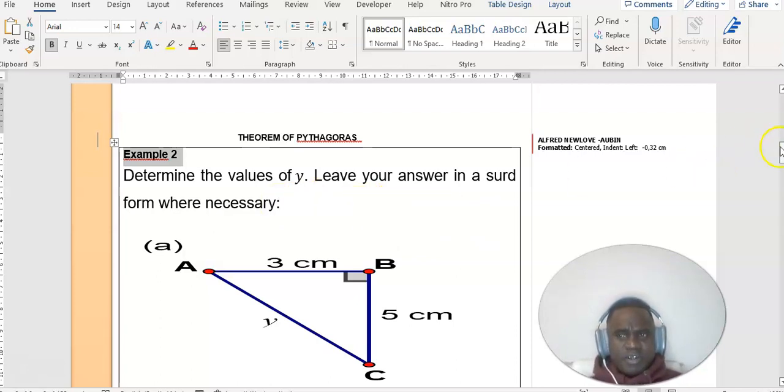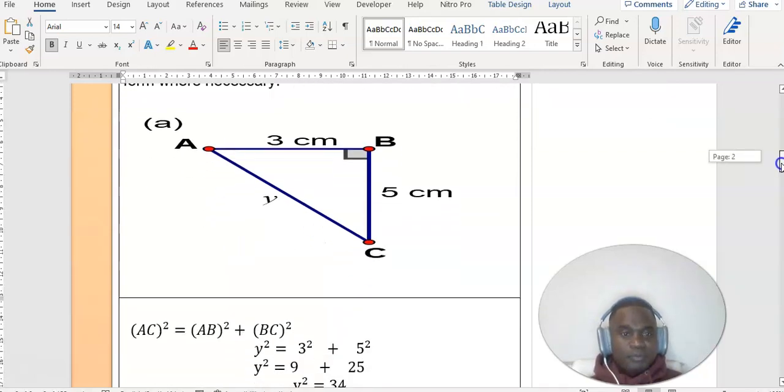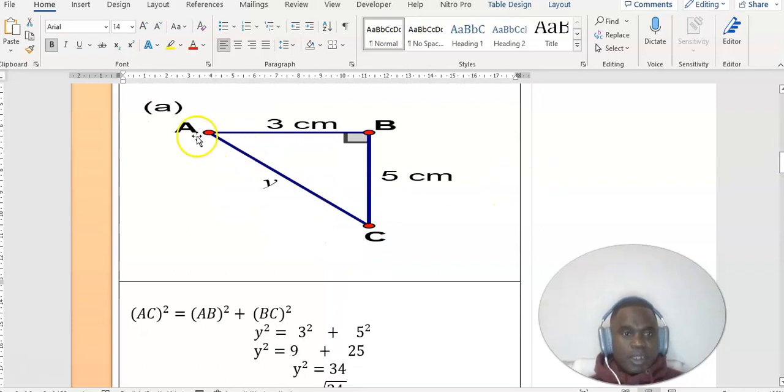What is Pythagoras theorem? A man called Pythagoras brought a formula which says that the hypotenuse squared, that is AC squared, should be equal to AB squared plus BC squared.